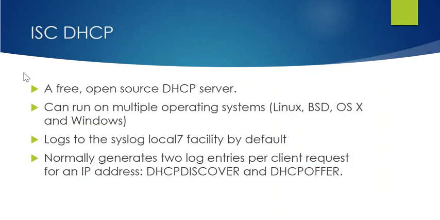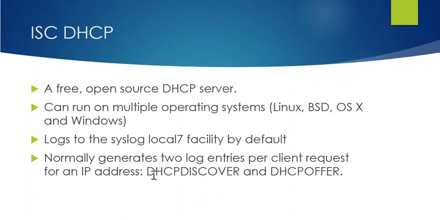All right, there is an ISC DHCP server. You can download the server software and then install it on server hardware if you have some hardware. And it's free and open source, and it can run on all kinds of operating systems: Linux, BSD, OS X, and Windows. It logs to the syslog local 7 facility by default, but you can change that if you want to.